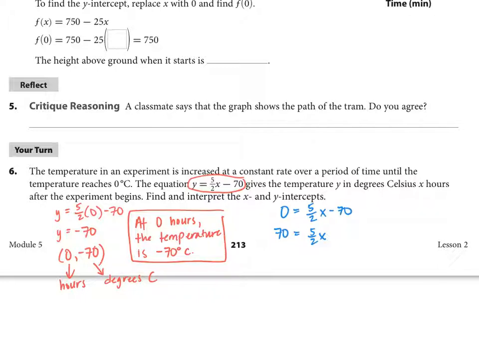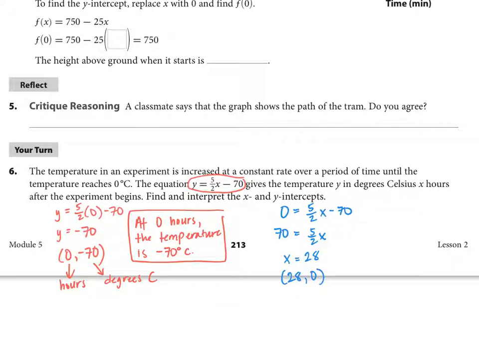So when I multiply by the reciprocal, 2/5, if I divide by 5, that is 14 times 2, 28. So I'm going to end up getting x equals 28, and therefore the x-intercept 28 comma 0 is what I end up with.